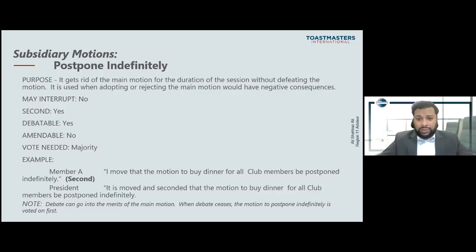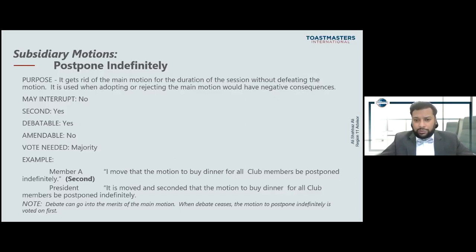It has to come only before the main motion is adopted. For example, if the main motion is voted on and adopted, then there is no point in bringing this motion anymore because the assembly has already adopted the motion. So it has to be there while the main motion is on the floor.